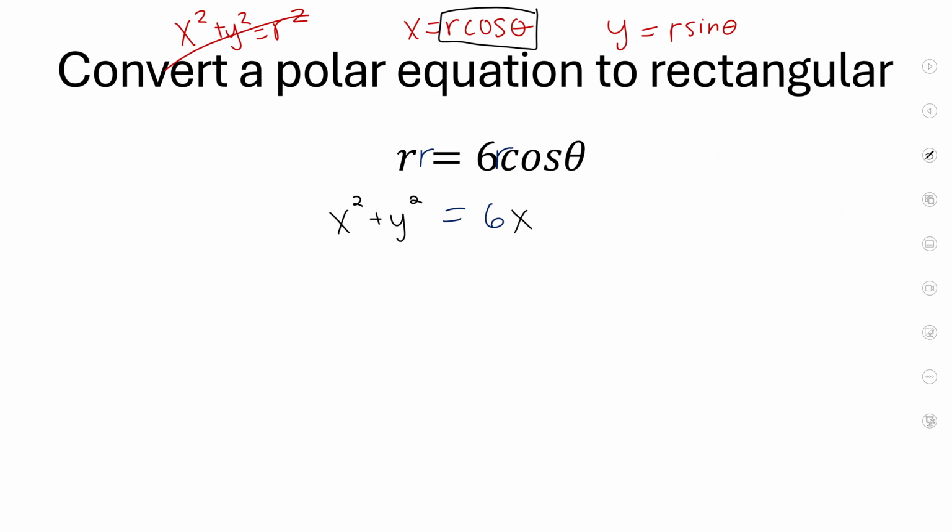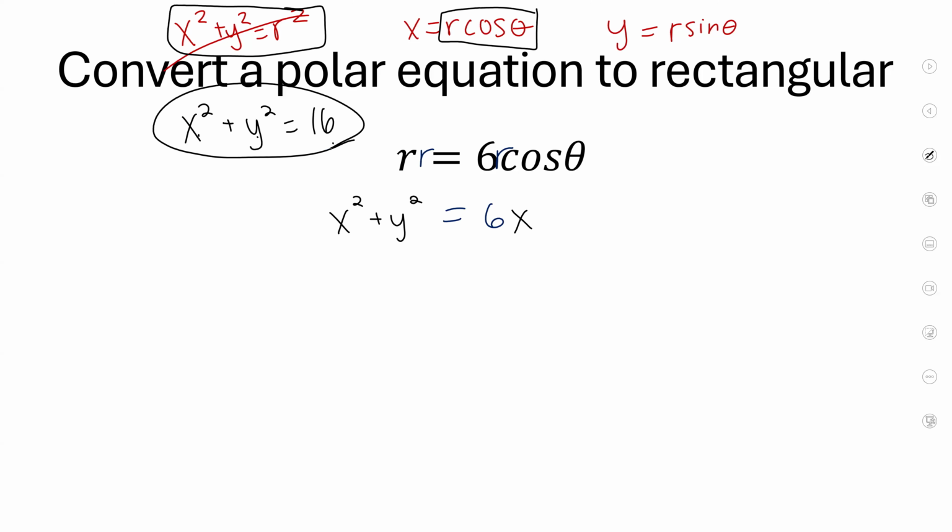I don't know what you guys saw in your previous classes. Maybe you've seen this method. I'm not sure, but I'll show you. I'm going to try to get this to look like an equation of a circle. This is an example of an equation of a circle. It's centered at 0, 0 with a radius of 4. I want to get into this type of format, but I have a 6x here.